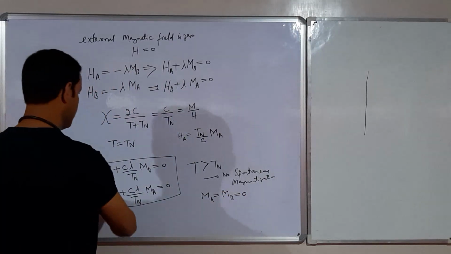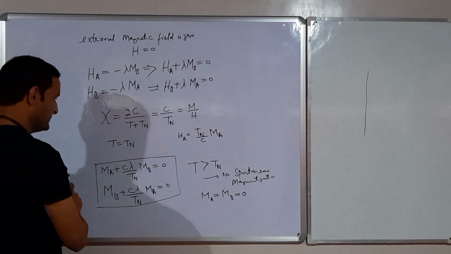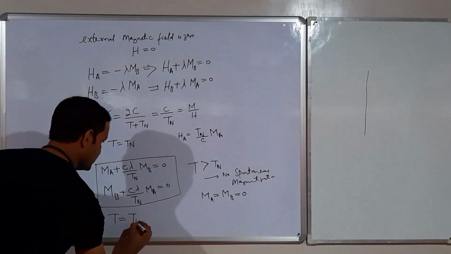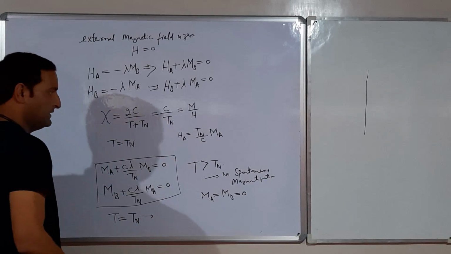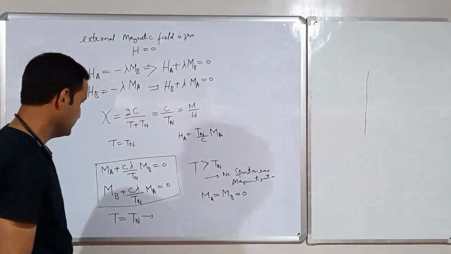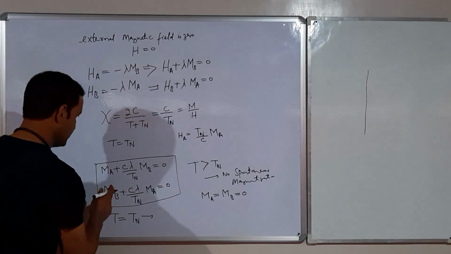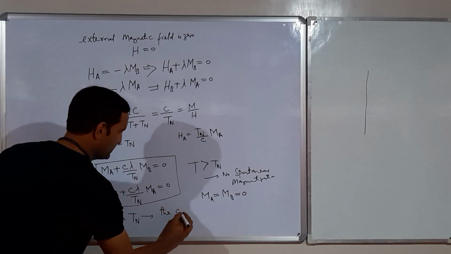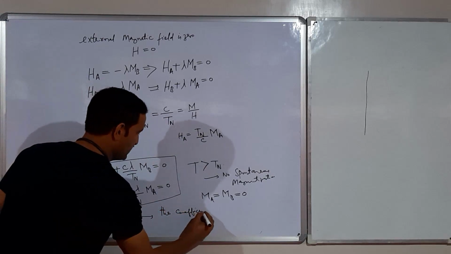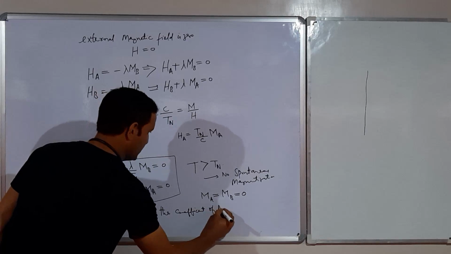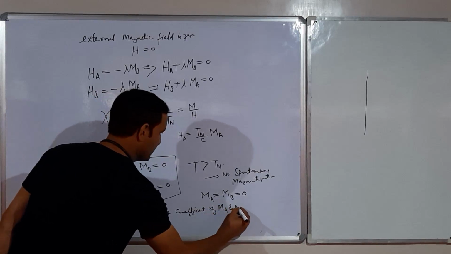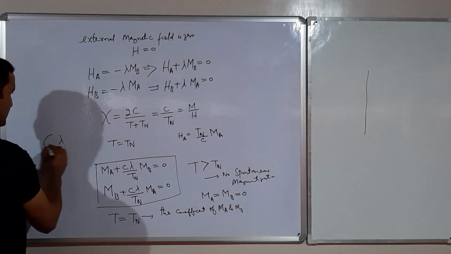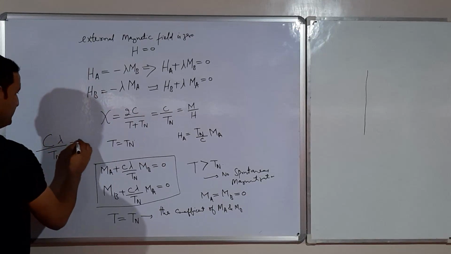So for obtaining the non-zero solution for this equation, we can write at T equal to Tn condition, so that there is net magnetization seen, the coefficient of MA and MB will be equal to 1, that is C lambda upon Tn will be equal to 1.